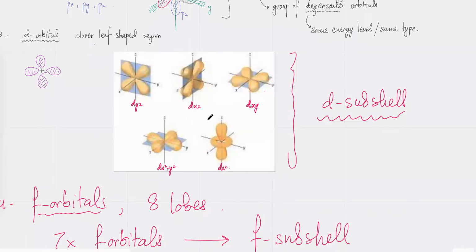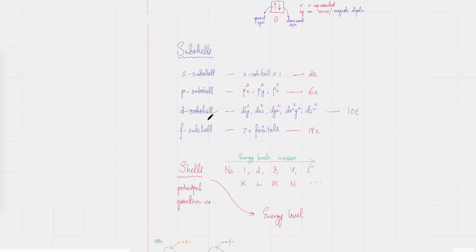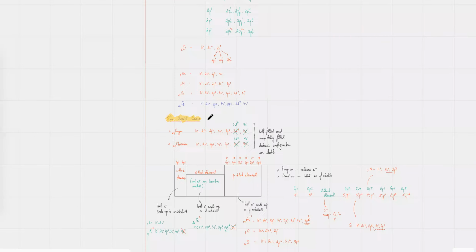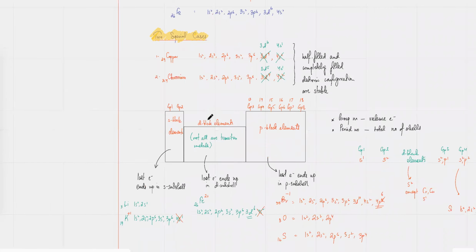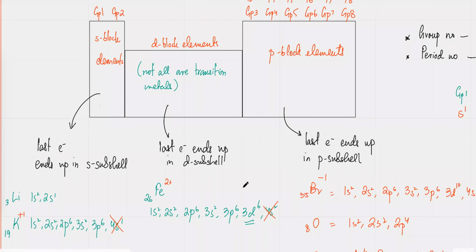We did write the electronic configuration of iron, which was somewhere over here. So I did tell you that the last electron ends up in a d and the 4s is filled in a d subshell. So iron is correct.